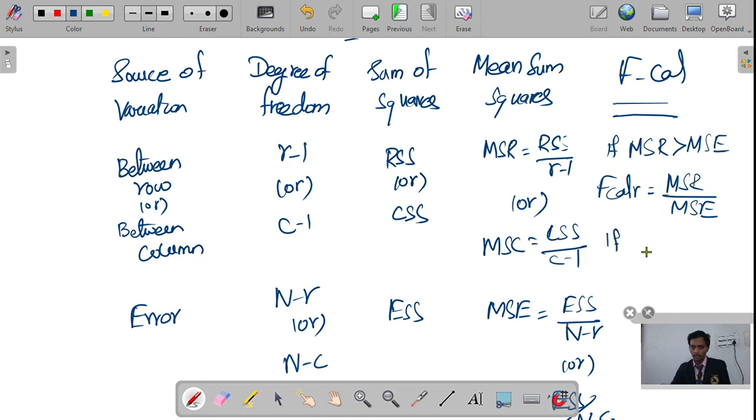If MSR is less than MSE, then Fcal R equals MSE by MSR.